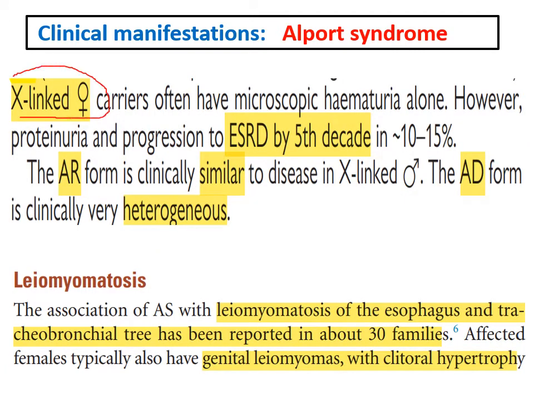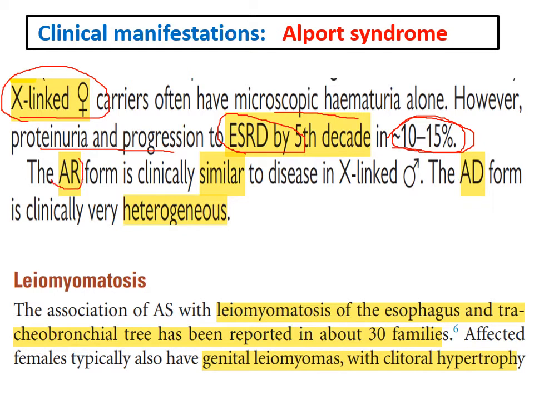X-linked females are not very benign. They usually also have progressive proteinuria, and they can reach end-stage renal disease in 10 to 15% of patients. So 10 to 15% of females with X-linked disease reach end-stage renal disease.